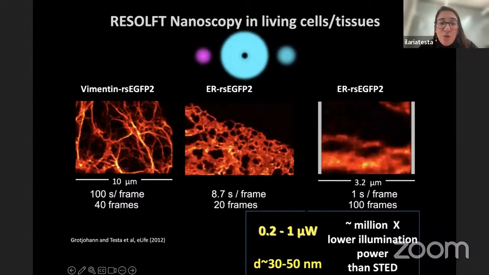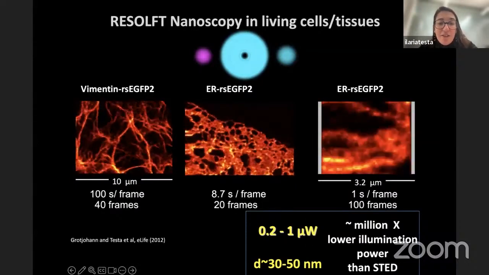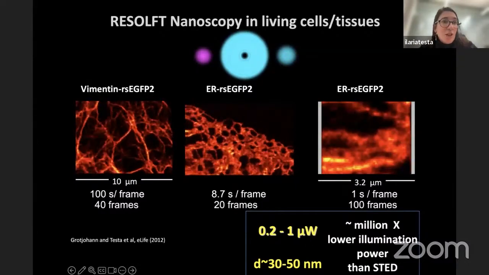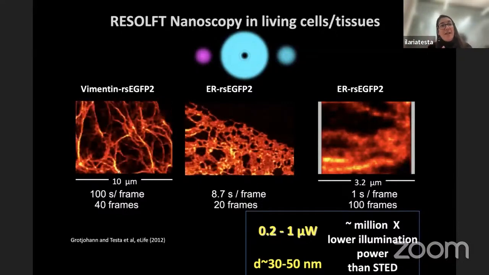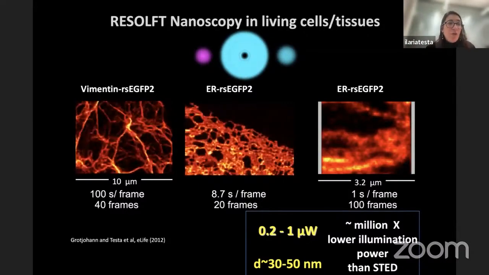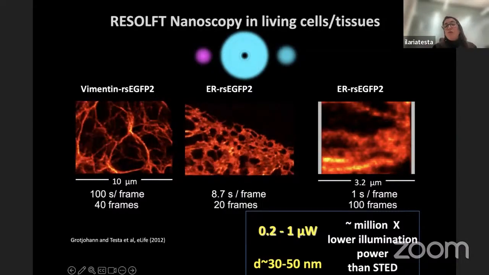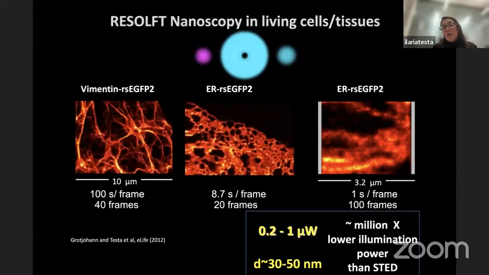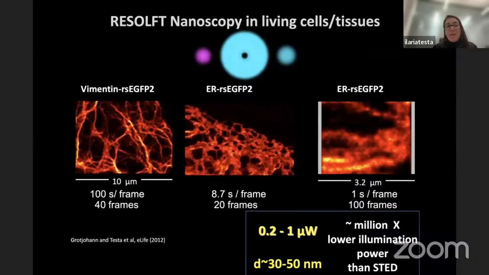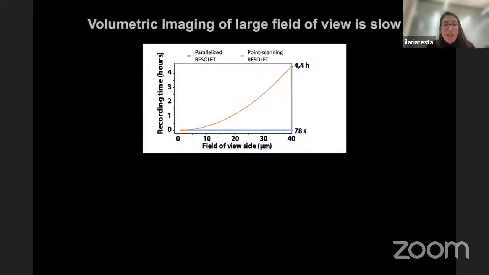But the good news was that we needed just a few microwatt of light on the back focal plane, compared to what I said, tens of milliwatt or 100 milliwatt that you would use in STED microscopy. So much less intensity, which is good for phototoxicity, but is also good for technical implementation and thinking about different optical schemes.